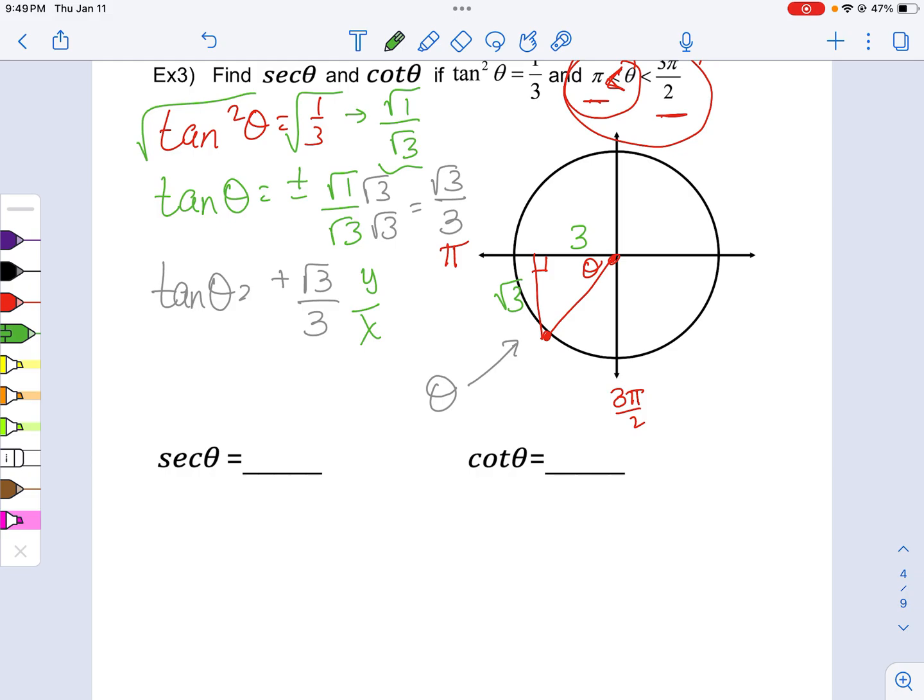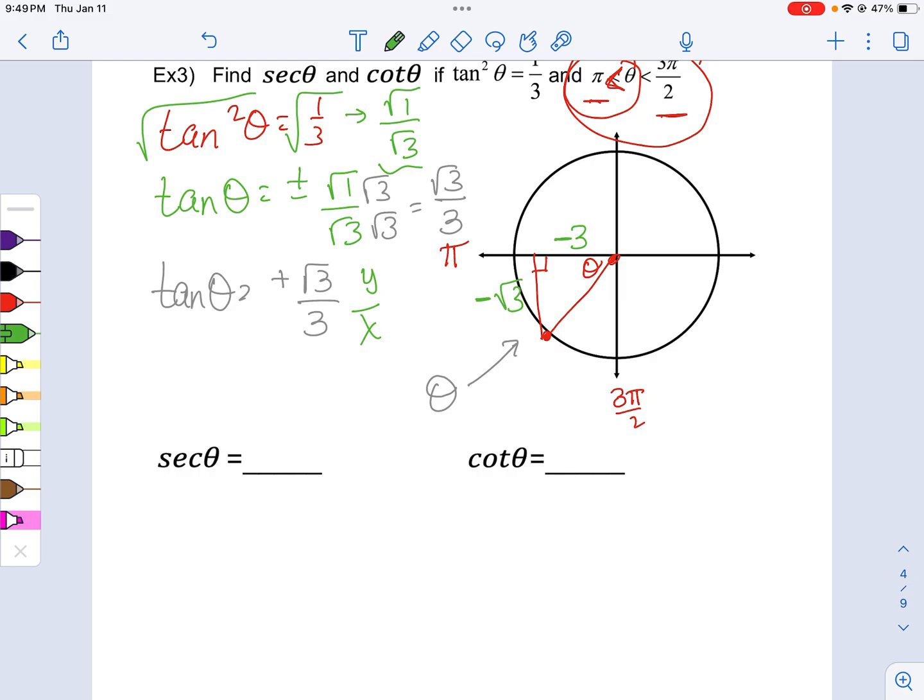So because of the fact that it goes to the left, I have to change this to negative 3 and negative root 3. Even though we said tangent has to be positive, if I take negative root 3 and I divide by negative 3, that does give me a positive. So again, anytime you go to the left or you go down, those values have to be negative.